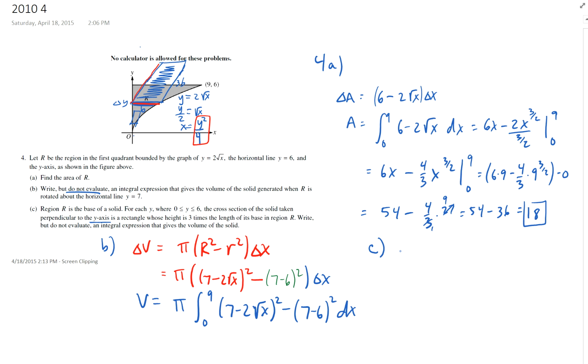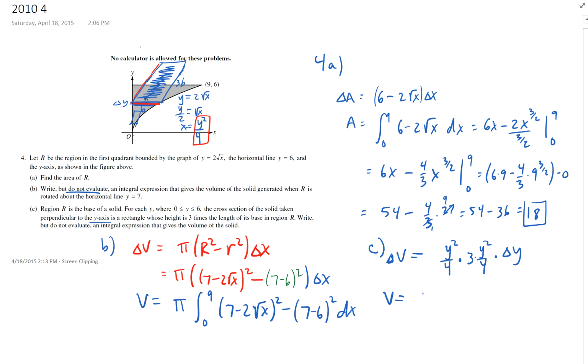So we've got the piece of volume is going to be y squared over 4 times 3 times y squared over 4. That's the area, the shaded region here, times delta y. That's the volume of one slice.